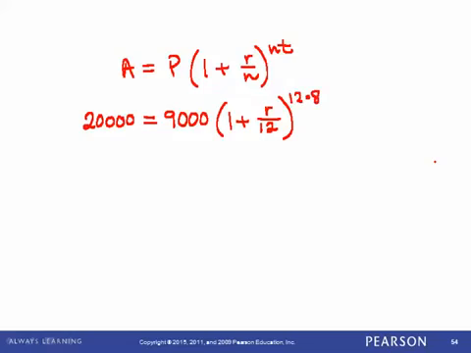Got to figure out how that's going to happen. Alright, let's see, if we divide both sides by 9,000, we can get rid of that, so now it becomes 20 over 9. We're good there? And that would be, let's see, everything else stays the same except 12 times 8 is 96.